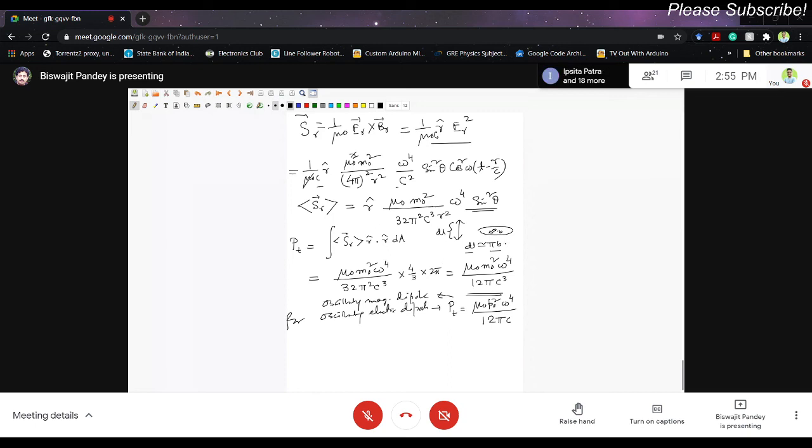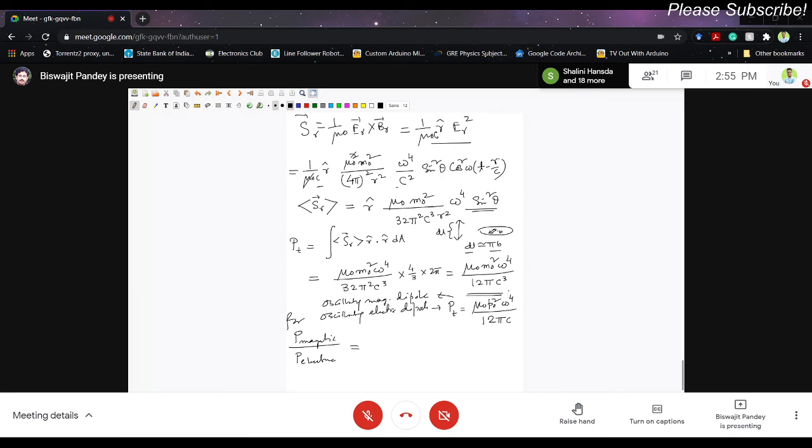That is the question. In order to get the answer, you have to take a ratio between them. So the power radiated by the magnetic dipole over the power radiated by an oscillating electric dipole. I know the formula for both, so let us take the ratio. You see, omega to the power 4 gets cancelled, 12 pi gets cancelled.